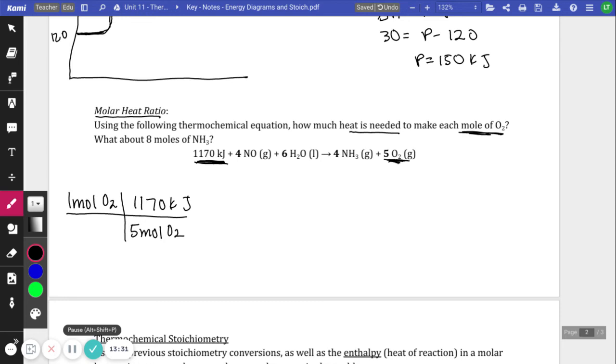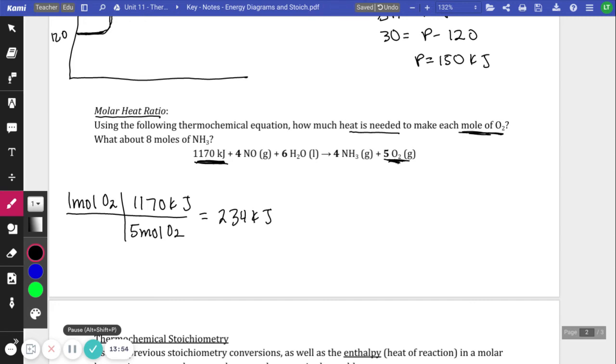So for every 5 moles of O2, it requires 1,170 kilojoules. Then I can just solve that by plugging it into my calculator. So 1 times 1,170 divided by 5, and I got 234 kilojoules.